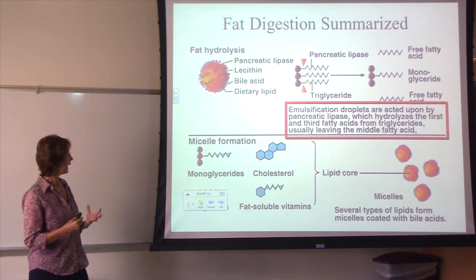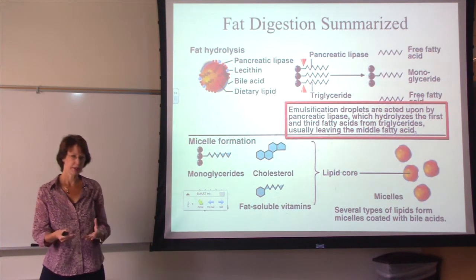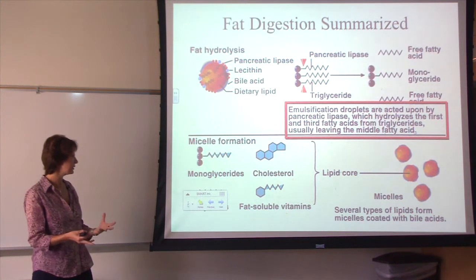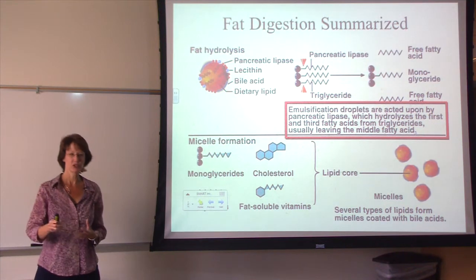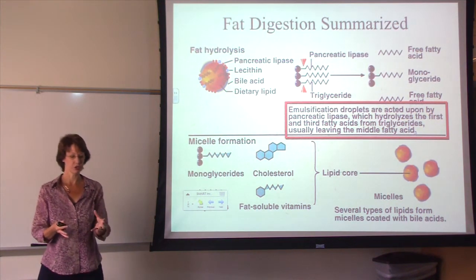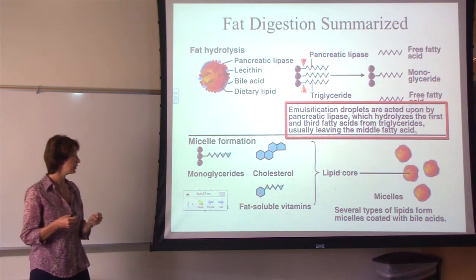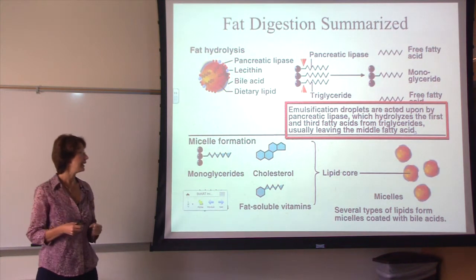So you end up packaging the monoglycerides that have formed from lipase cutting them off, any fatty acids that are around, with fat-soluble vitamins, cholesterol, and any other non-polar substances that you've consumed. They get bundled up together into a little fat droplet now called a micelle.